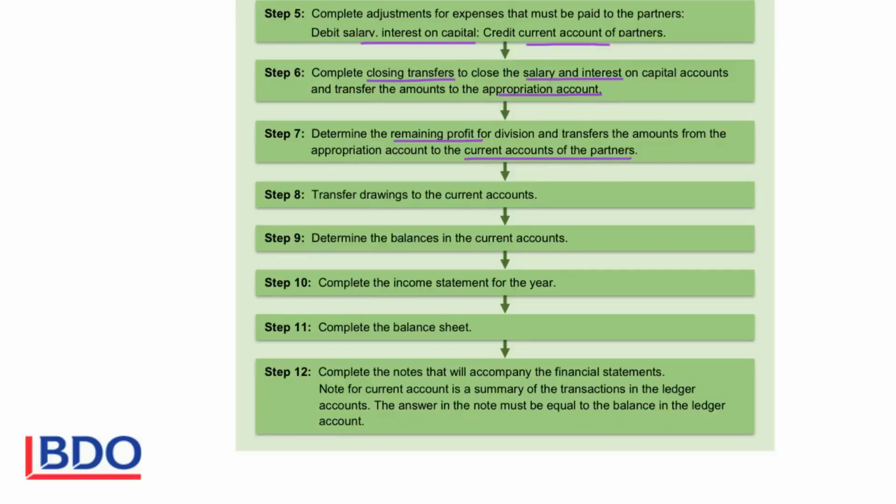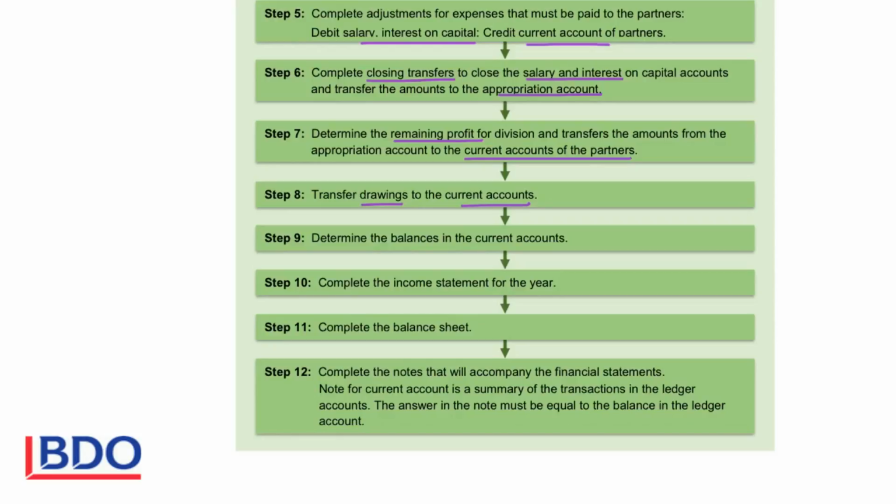So on the credit side of the current account, we show all the amounts that are owed to the partners. Then we will transfer the drawings to the debit side of the current account. That means we say they've already taken some of the money that they're entitled to.